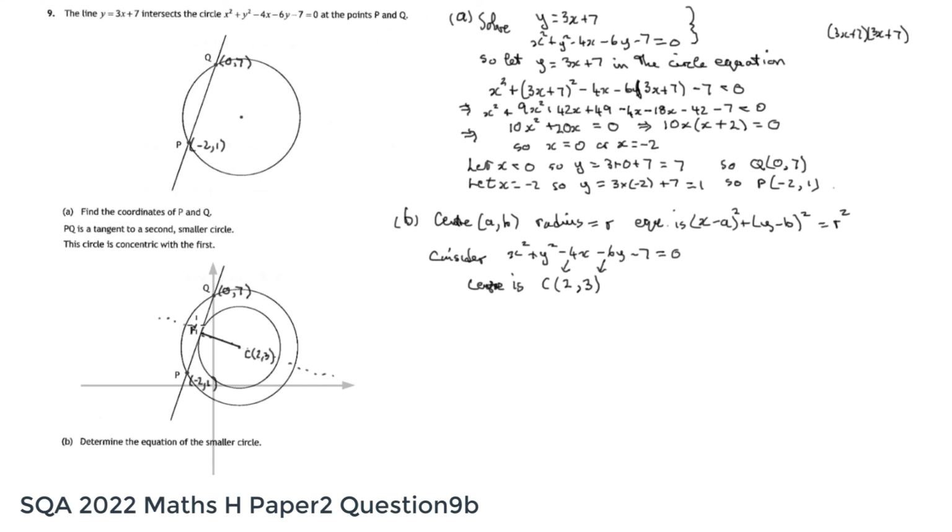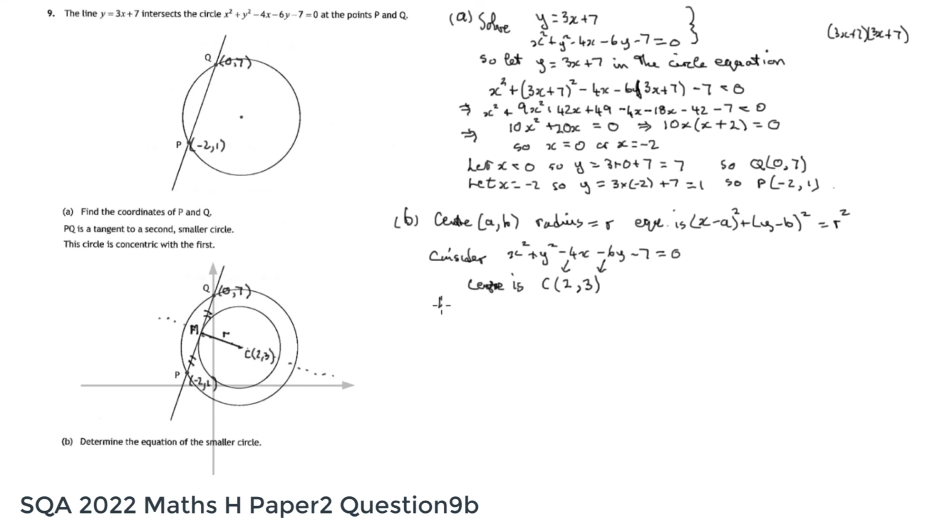This is the midpoint, because it's an axis of symmetry. That's the midpoint of the line PQ. Therefore, if we find the coordinates of M, we know the coordinates of C, we can therefore work out the distance of M from C, and that'll give us the radius of that smaller circle.